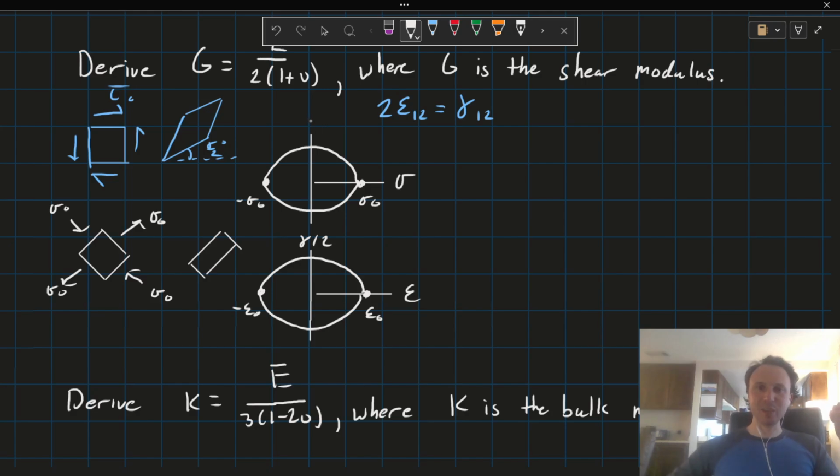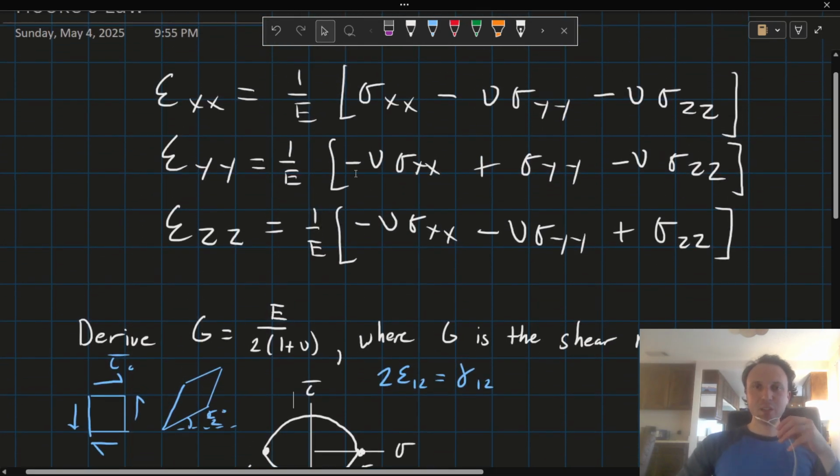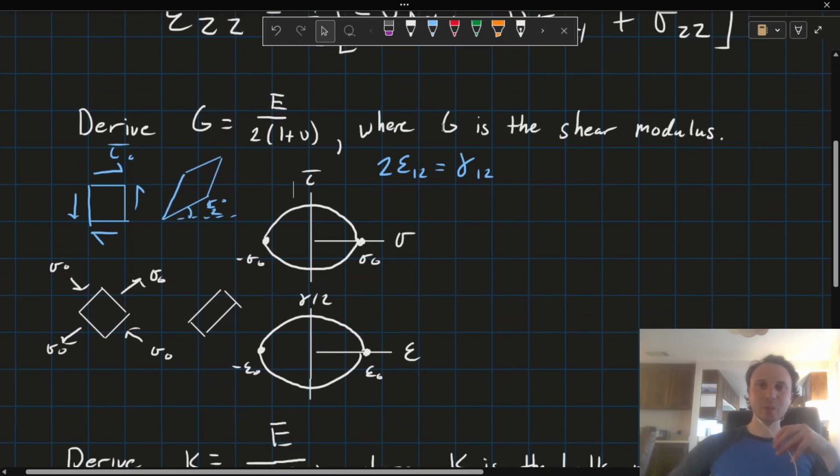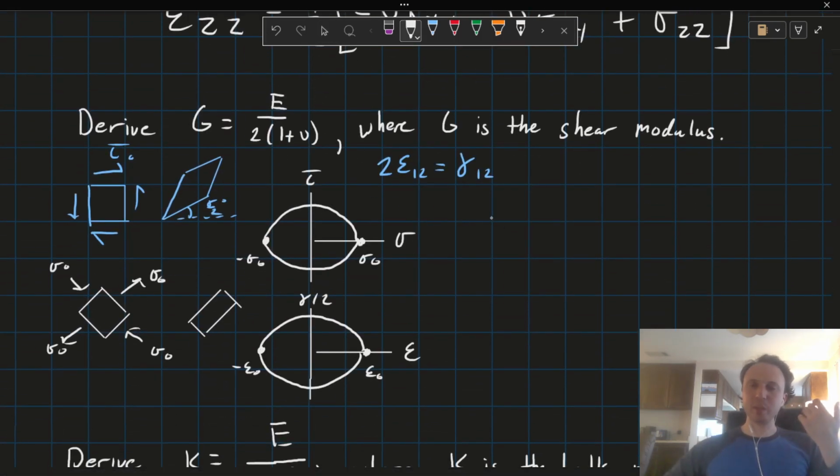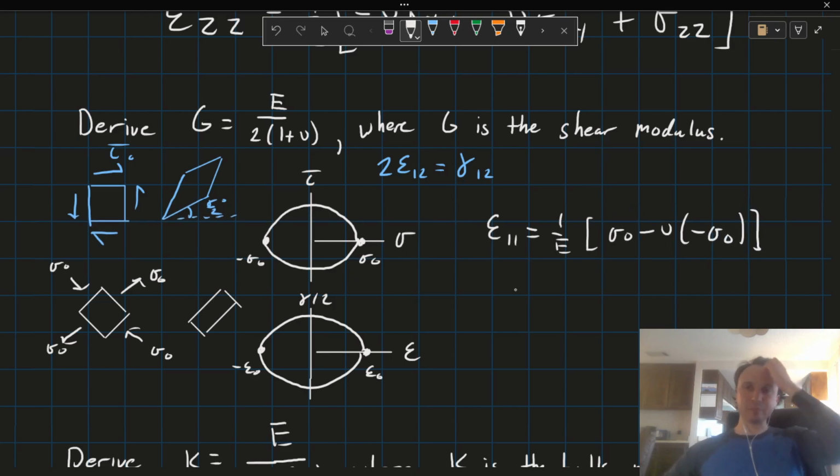Okay, I think I have all the preliminaries out of the way now. So what we're going to do is go up and grab our Hooke's law. We only need one of the equations for this one. So let's say epsilon in the 1, 1 direction is equal to 1 over E times sigma naught minus nu of negative sigma naught, right?